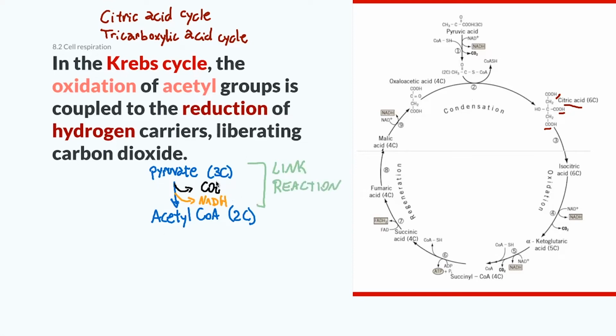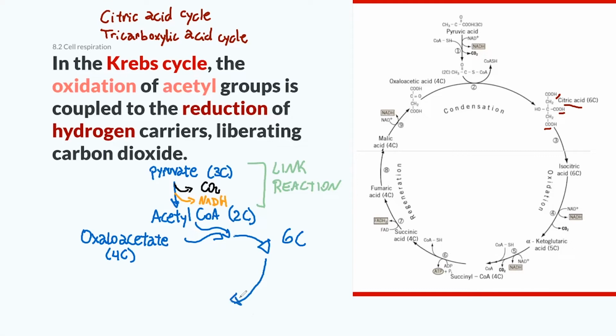The Krebs cycle will start when this acetyl will join an oxaloacetate, which has 4 carbons. So the acetyl coenzyme A plus the oxaloacetate will form this 6-carbon compound that we do not need to know the name, citric acid.